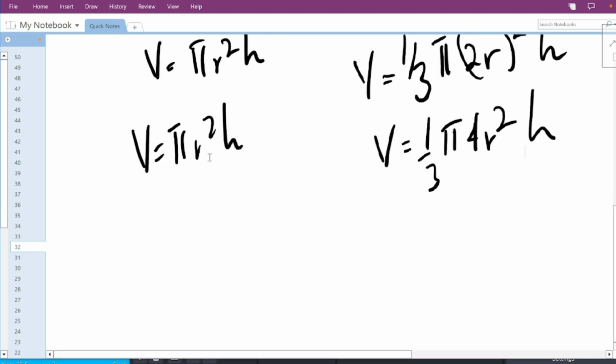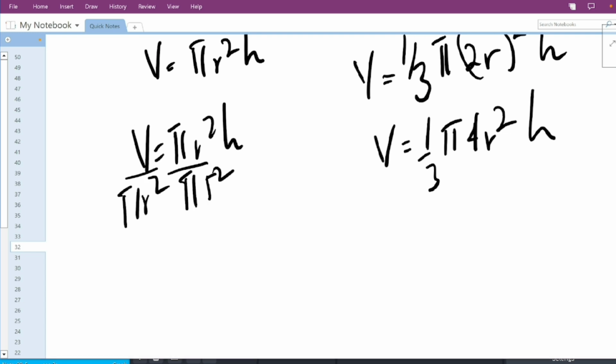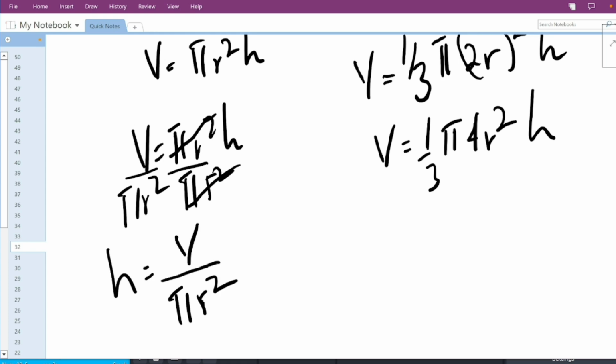Since they say we should find the ratio of the height of this to the height of this, that means we have to make the height the subject of the formula on both sides. Since we want to make h the subject on this side, we divide both sides by πr². So πr² cancels πr², so our h equals V over πr². And on this side, first we can say this is over 1, then this is like all over 3, then we cross multiply.